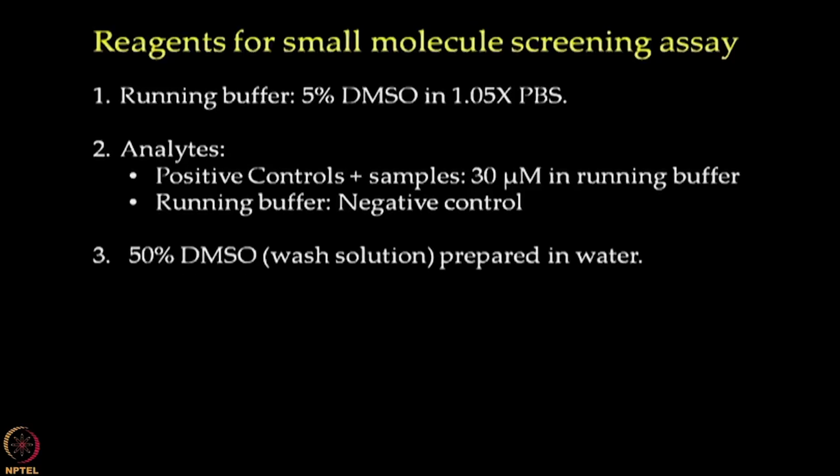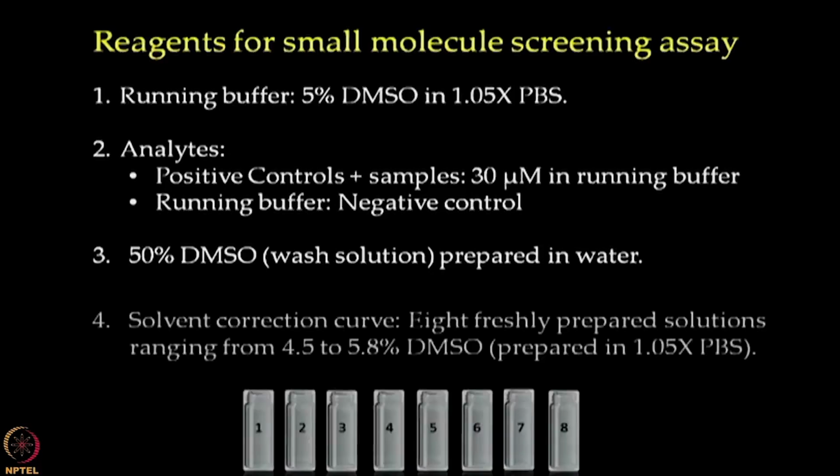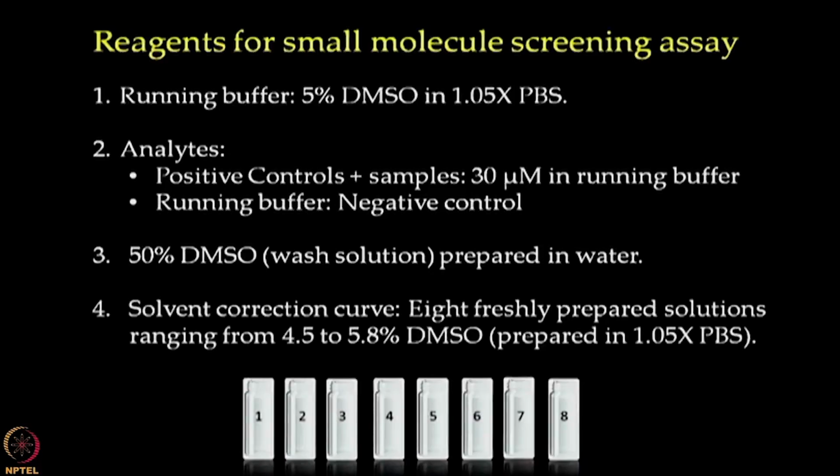A wash solution is prepared with 50% DMSO in water, and lastly 8 freshly prepared DMSO solutions ranging from 4.5% DMSO to 5.8% DMSO are prepared for solvent correction.